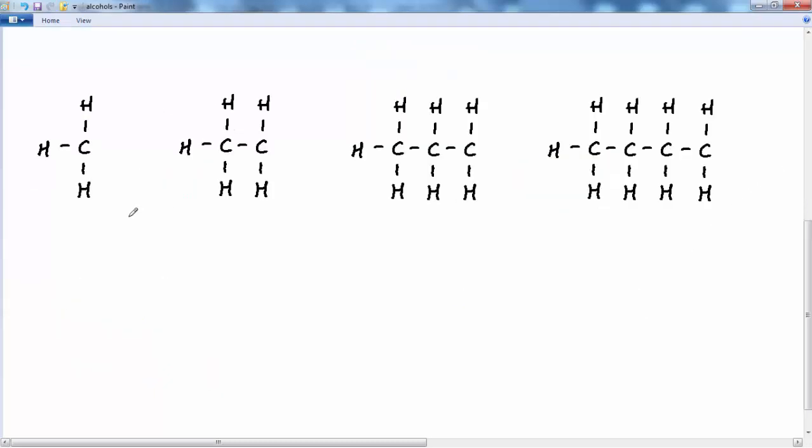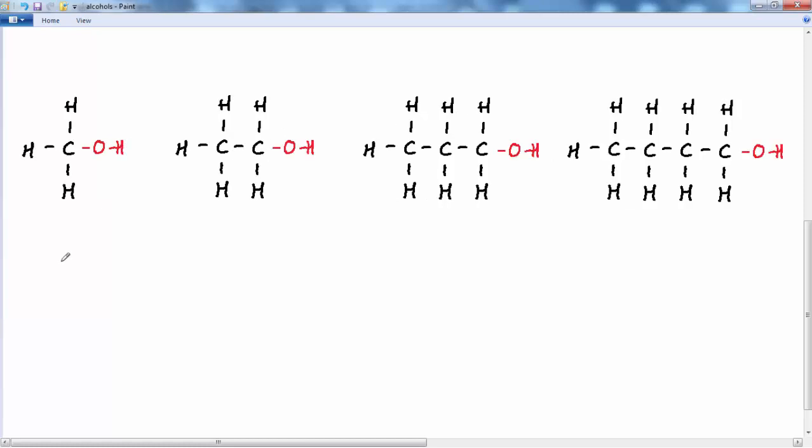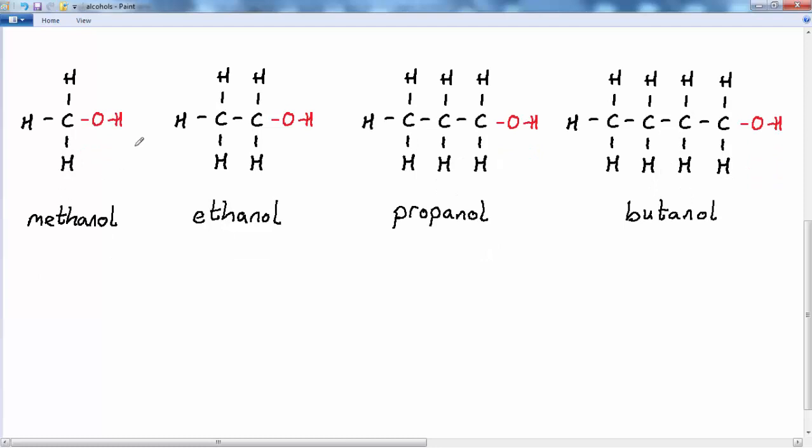Okay, so here we have the first four members of the homologous series. First of all, we've got to add the functional group, so we'll do that. We have the OH group there, and so in this case this is called methanol, then ethanol, a very important alcohol, then propanol, then butanol, and as with the structural formula we can write the chemical formula, which will be written as CH3 and then OH.